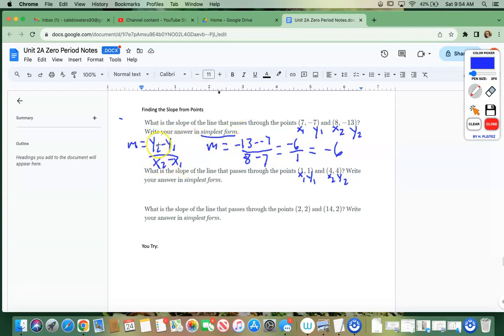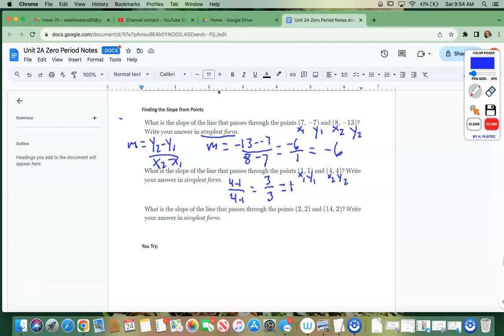So y2 minus y1, 4 minus 1, divided by x2 minus x1, 4 minus 1. So 4 minus 1 is 3, over 4 minus 1 is 3. And 3 divided by 3 we know is just 1. And at that point you're done.